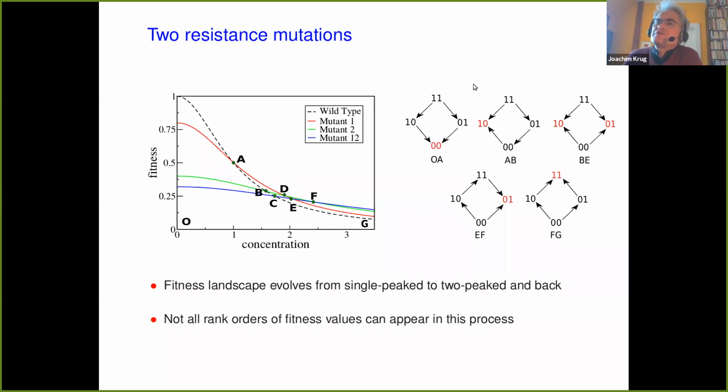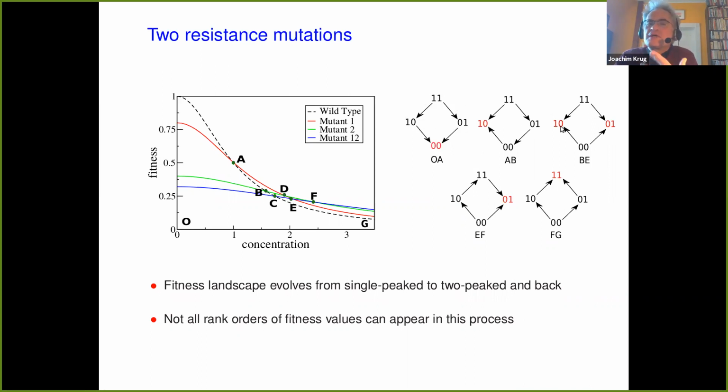You can depict this schematically in a fitness graph like this, where 0,0 is the wild type and 1,1 is the double mutant, and these arrows always point in the direction of increasing fitness. So what you see is, as you increase concentration, you move from a situation where the wild type is the fittest to a situation where the double mutant is the fittest, and in between you have a situation where the two single mutants are both fitness peaks.